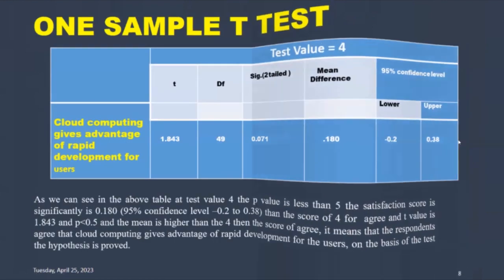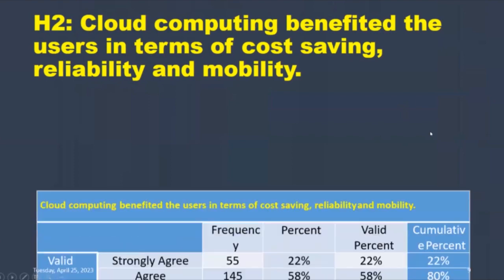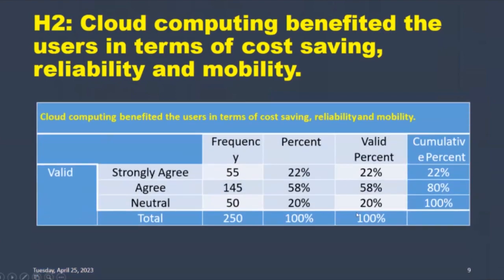So here my first hypothesis, that cloud accounting gives the advantage of rapid development to the users, has been proven. Then the second hypothesis which I had considered in my study was that cloud computing benefited the users in terms of cost saving, reliability, and mobility. Here also I could get a very good percentage: 55% of respondents strongly agreed, and 145 out of 250 agreed.